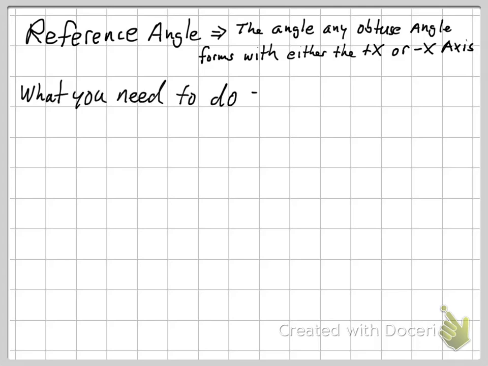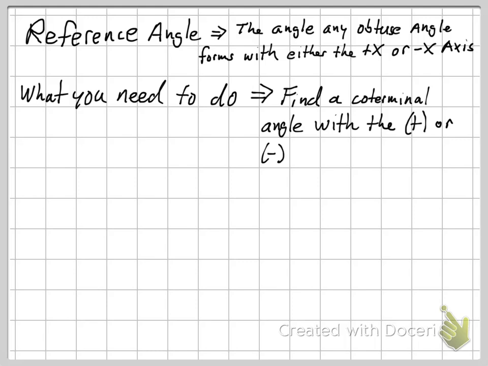Something a little bit different for that. Okay, in a nutshell, borrowing from the coterminal definition, it's not a true coterminal, but I am finding an angle that describes the obtuse angle with reference to either the positive or negative x-axis.